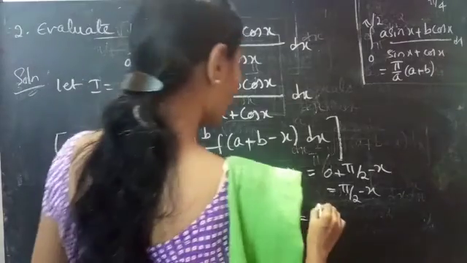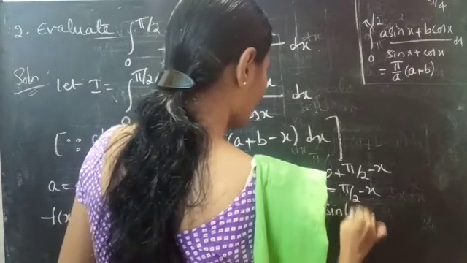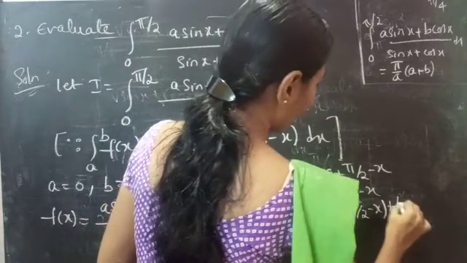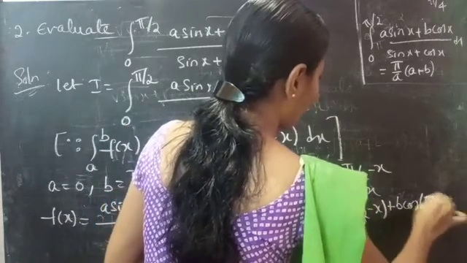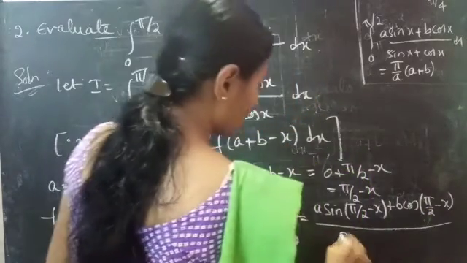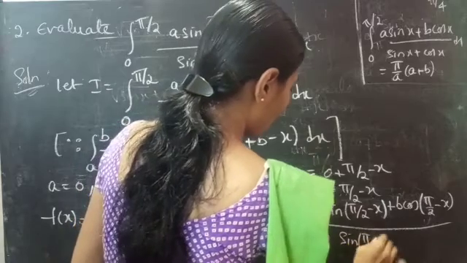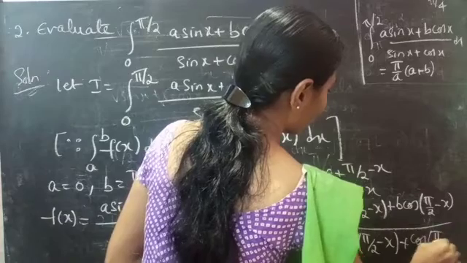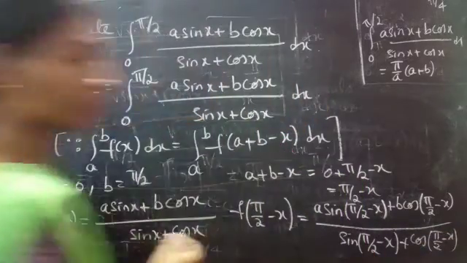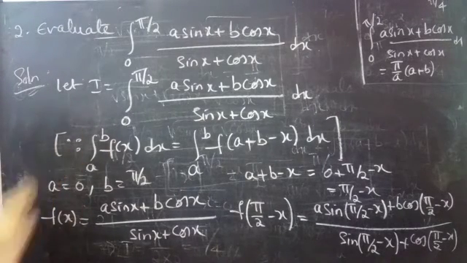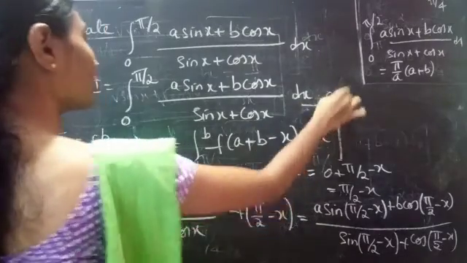So this equals a sin(pi/2 minus x) plus b cos(pi/2 minus x), divided by sin(pi/2 minus x) plus cos(pi/2 minus x). Consider it as equation 1.